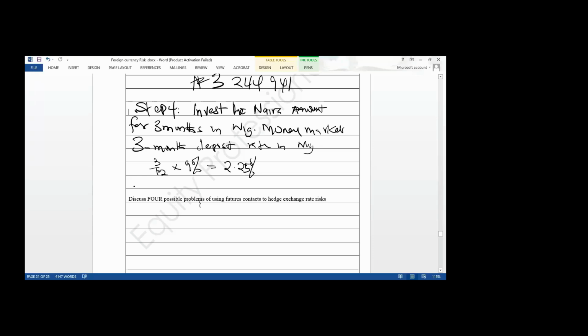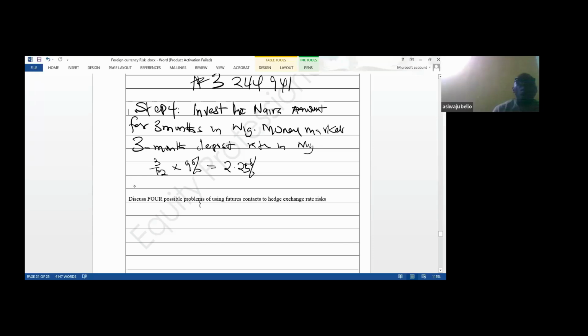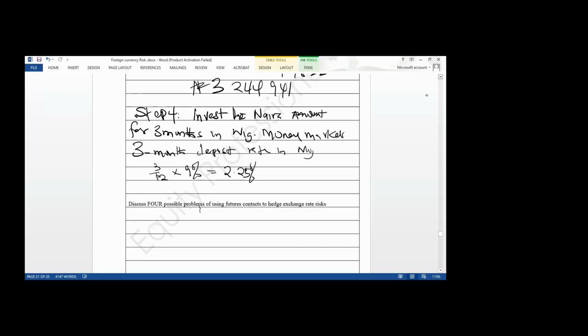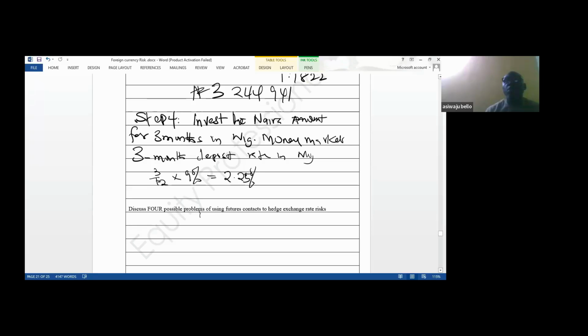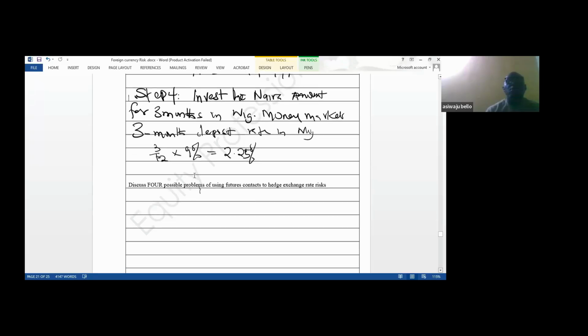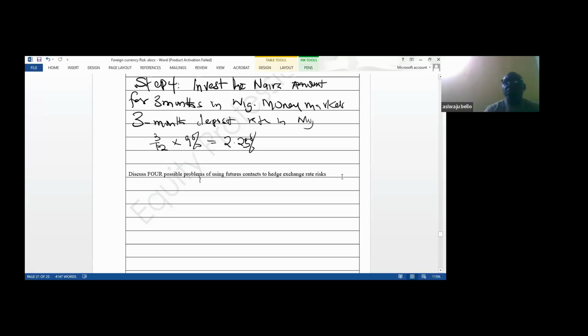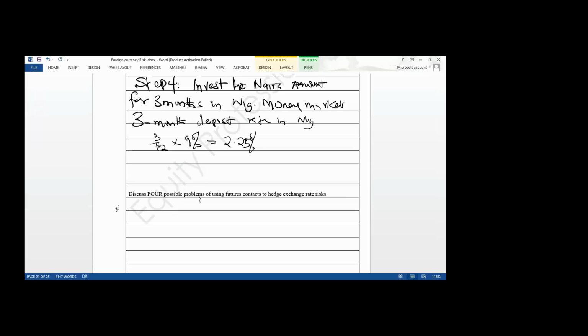What is the expected Naira receipt in 3 months? You are going to invest 3,244,941. How much are you going to expect in 3 months' time? At 2.25%.